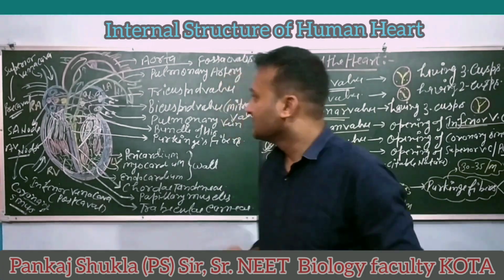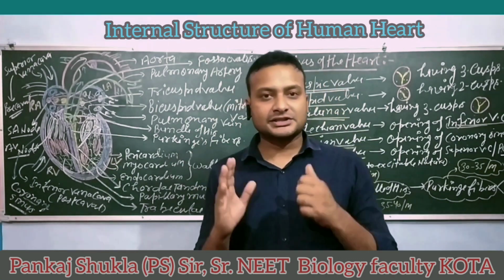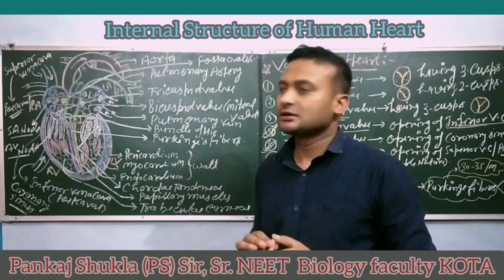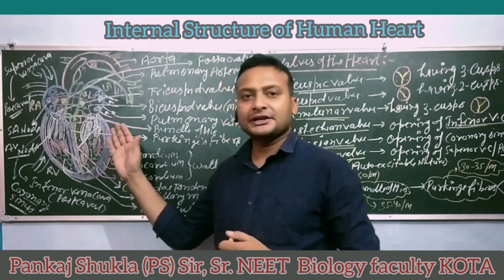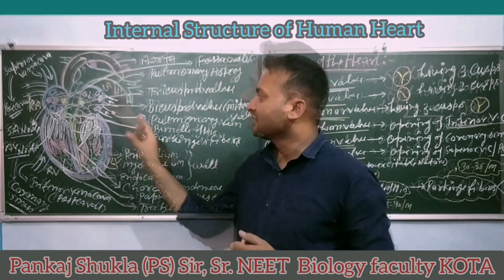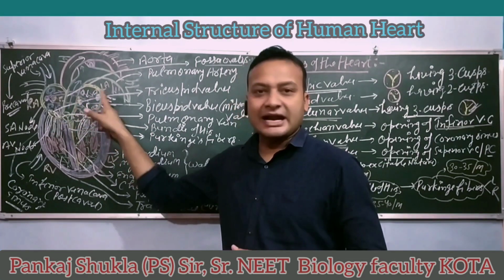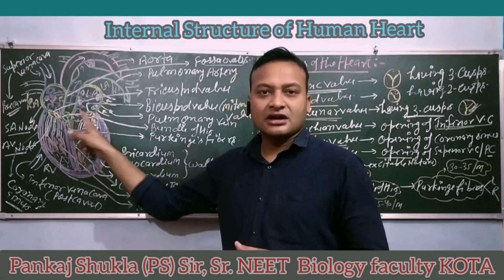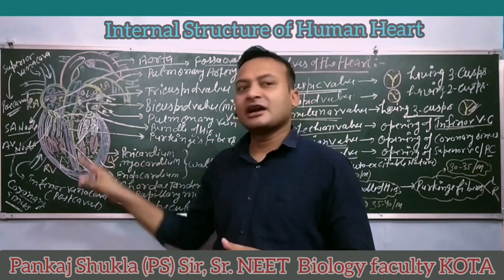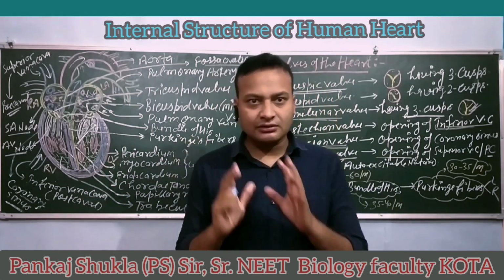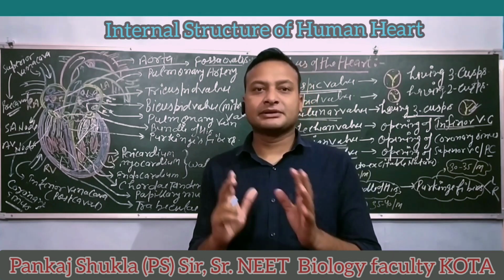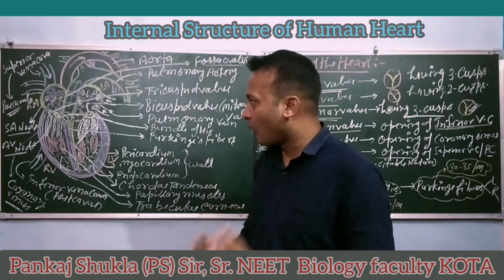So students, this is the internal structure of the human heart. The human heart is divided into two compartments. First is the smaller, called atria, and second is the larger, called ventricles. Atria and ventricles are divided by a septum called the auriculoventricular septum, which is made up of fibrous connective tissue having a thick wall.